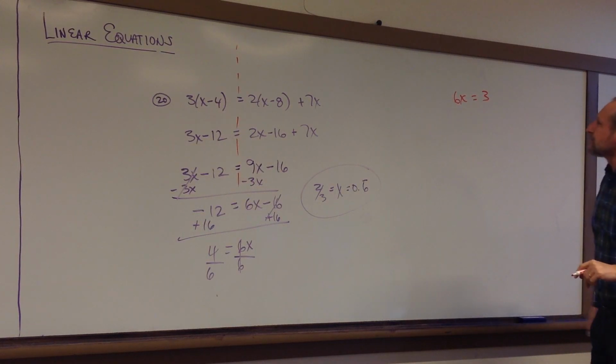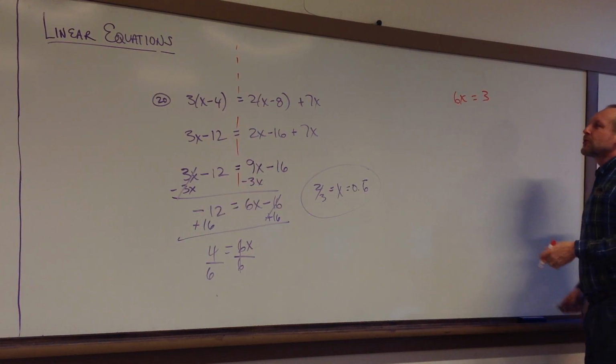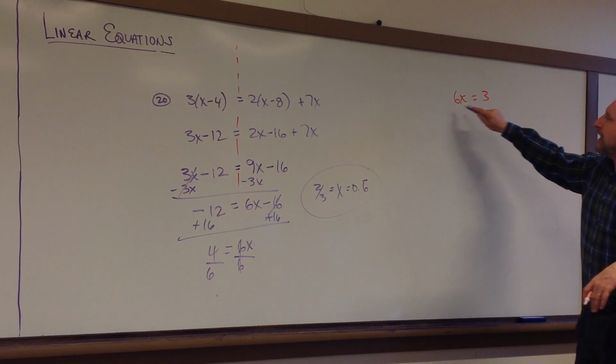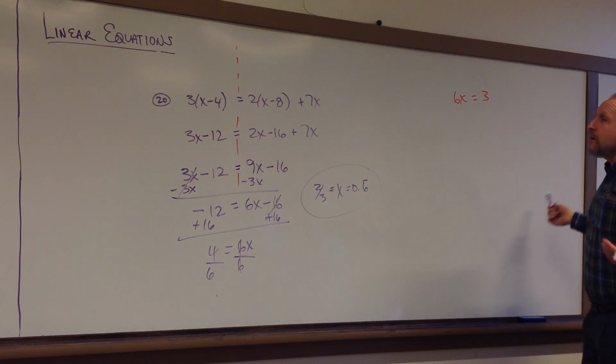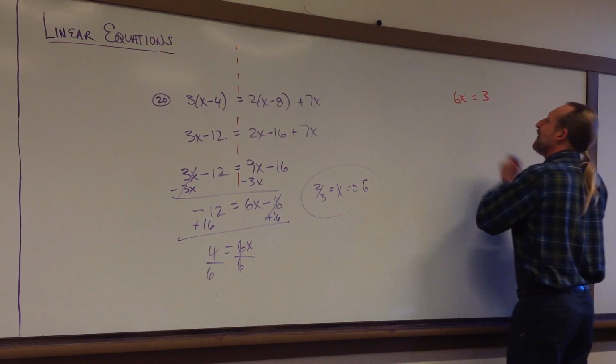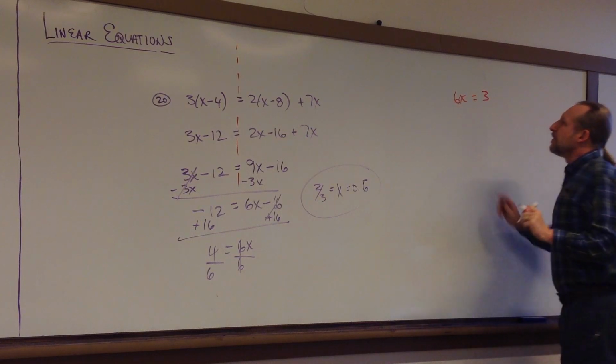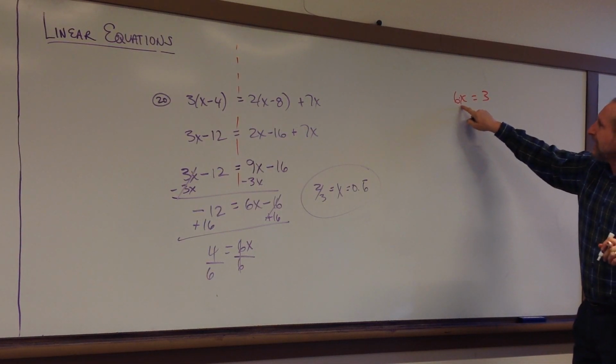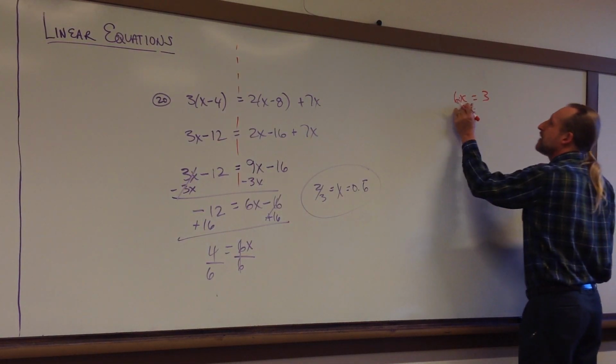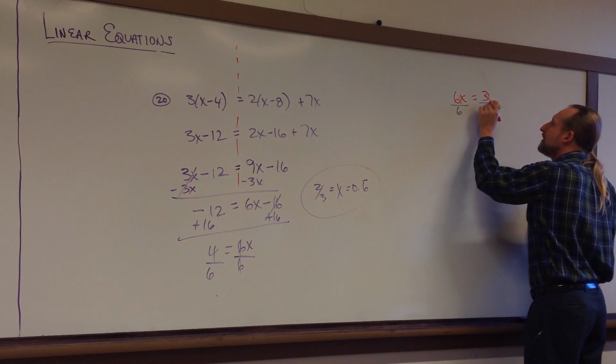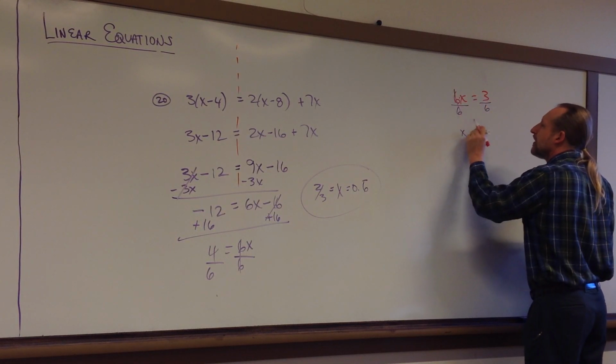Yeah, I see this a lot. Sometimes people think, oh, I've got to divide on both sides by 3 here. No, no, no. You have to divide on both sides by what's happening to the x. What's happening to the x is it's getting multiplied by 6. That's what you need to divide on both sides by.